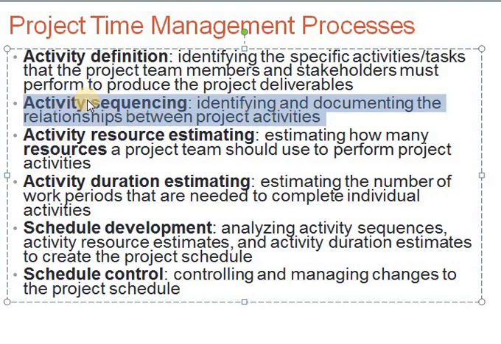Now, once the project activities are identified, this is the time to give a proper sequence to all of the activities based on the logical relationship of these activities. We have to document this relationship of all project activities.